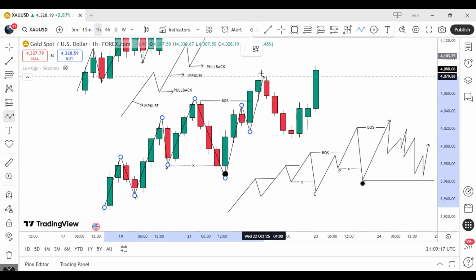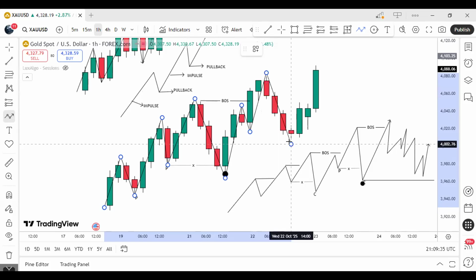Do you understand? So it does not matter the color of the candle, please, right? For as long as the low of the previous candle was taken by the subsequent candle, that shows that a pullback has occurred. Do you understand? So that is a pullback there, and then price came, made a correctional move by taking out this pullback here.